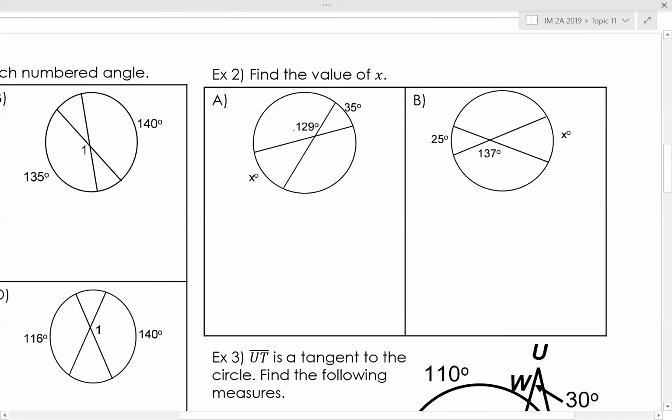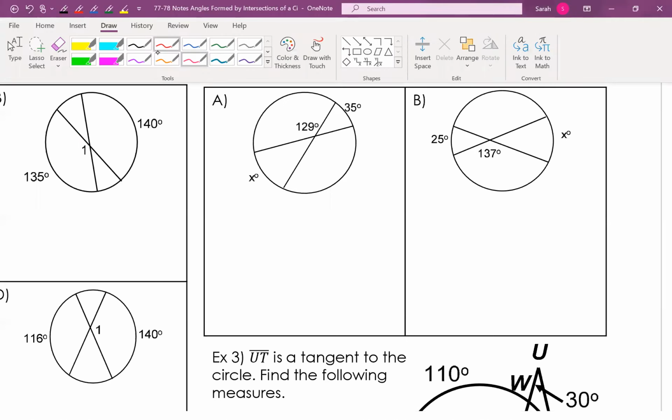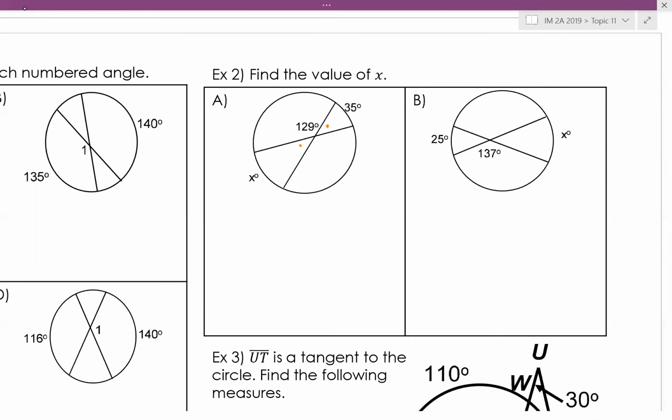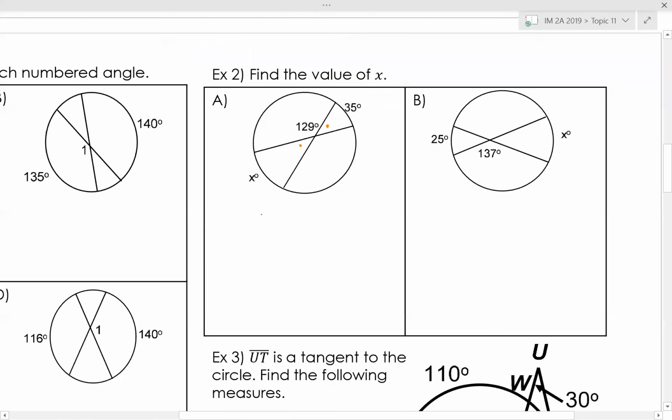And so if I knew one of these 2 angles here, then I could use the formula, right? So the measure of one of those 2 angles is equal to the sum of the 2 arcs divided by 2. So if I know one of those 2 angles, then I can use the formula that we've been using. But I need to find one of those angles first.